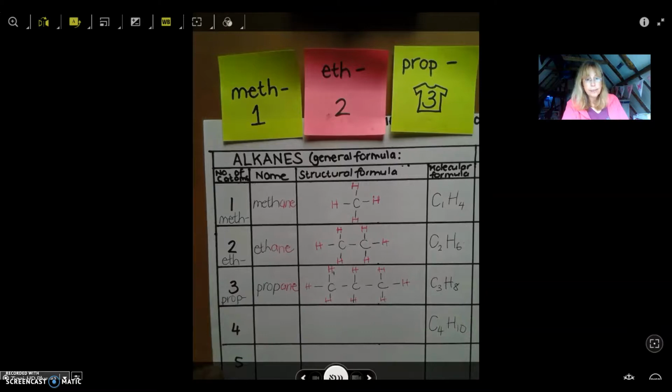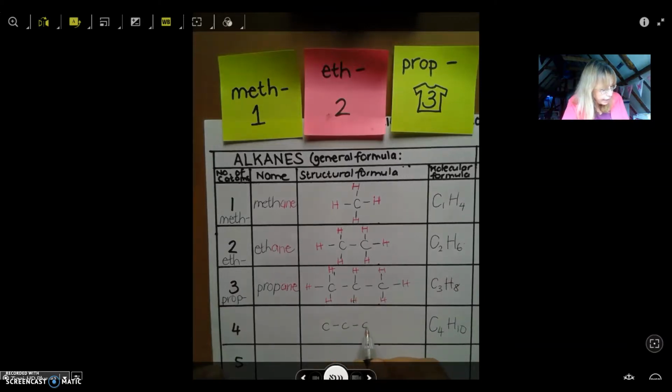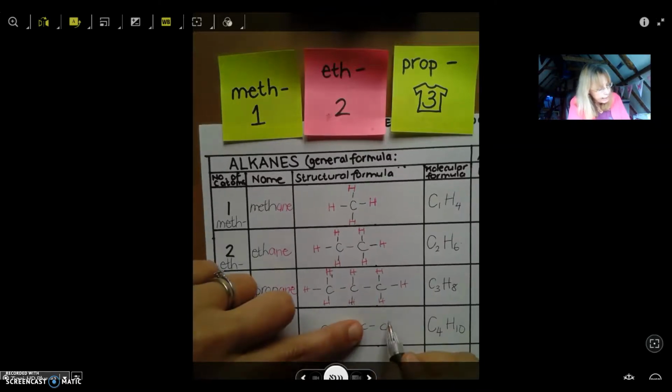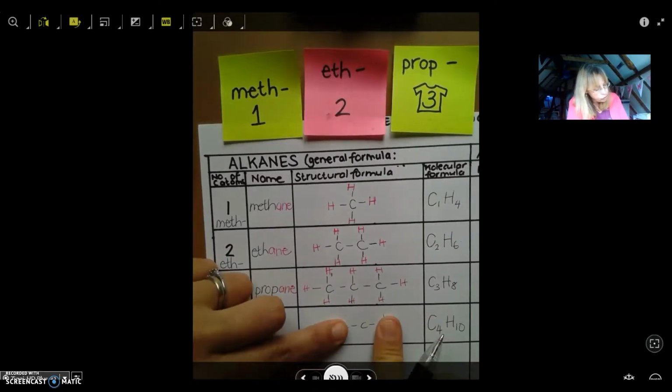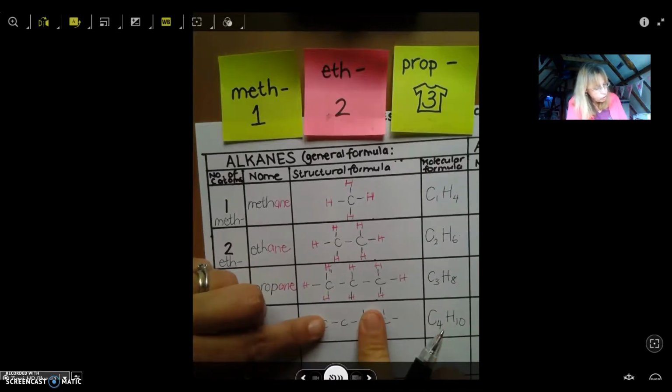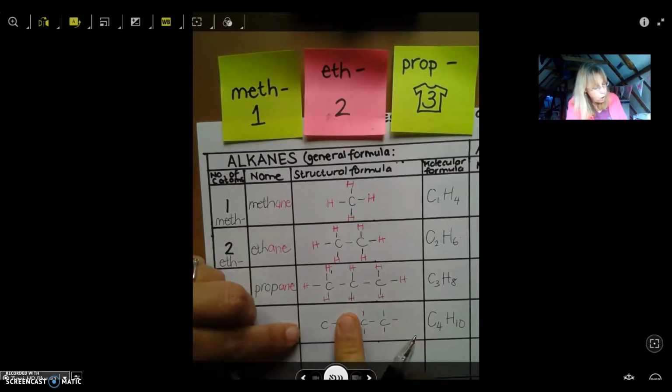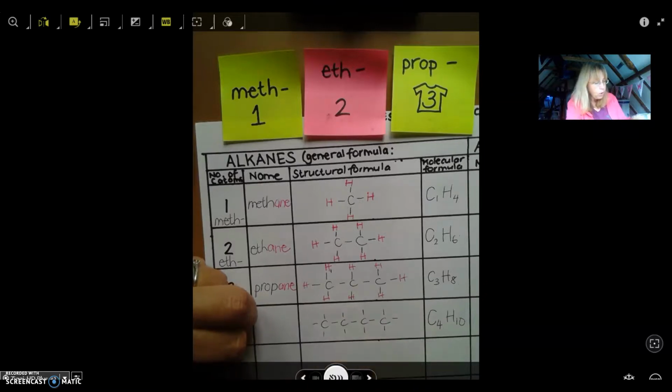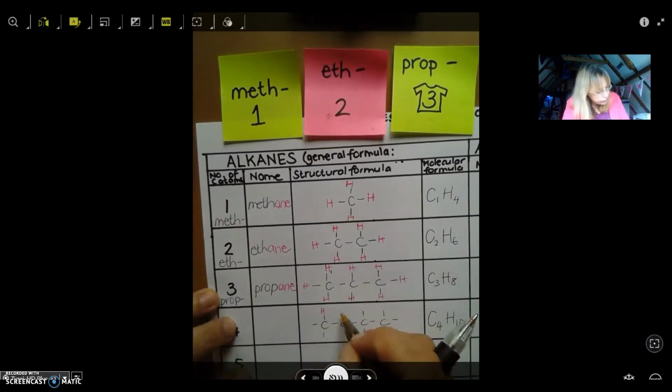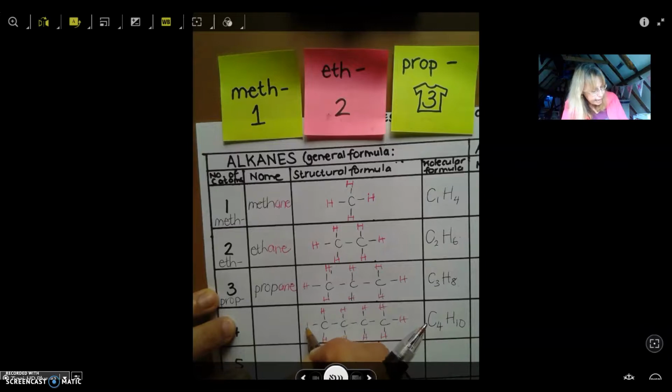Well done if you saw that. So this time 4 carbons, 1, 2, 3, 4. Each carbon needs 4 bonds. That one's already got 2, 3, 4, 2, 3, 4, 1, 2, 3, 4. So I add on my H's, and if I count 1, 2, 3, 4, 5, 6, 7, 8, 9, 10, exactly right.